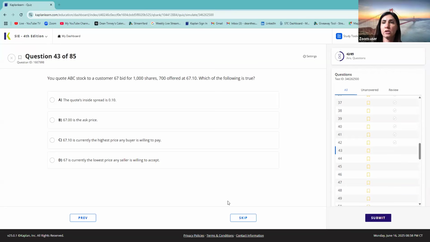The quote inside spread is 0.10. 67 is the ask price. $67.10 is currently the highest price any buyer is willing to pay. 67 is currently the lowest price any seller is willing to accept.